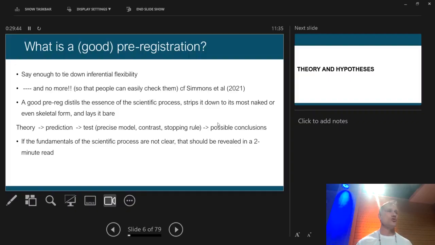You can't hide behind verbiage when you do that. So that is both the disadvantage, because sloppiness and waffle become exposed. But of course it's an advantage because it forces you to think through these things.